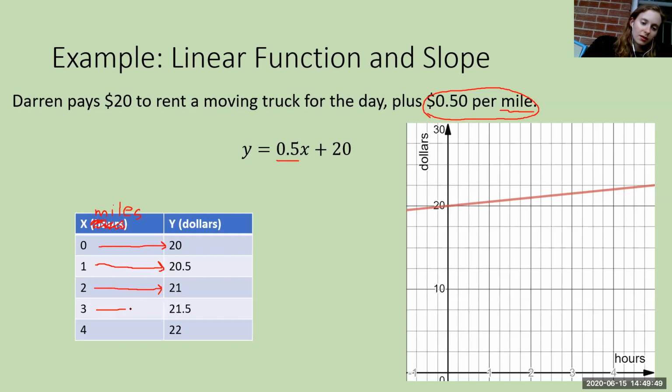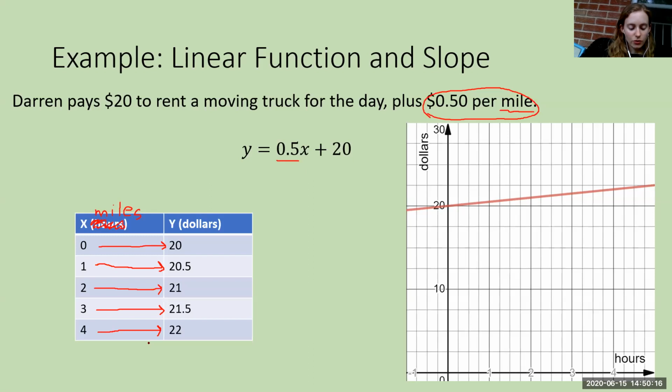If I drive 3 miles, an extra 50 cents will be $21.50. If I drive 4 miles, add on another 50 cents, so now I'm up to $22, right? So this is just some examples of number of miles that Darren might drive and what his bill is going to look like at the end of the day for the truck.